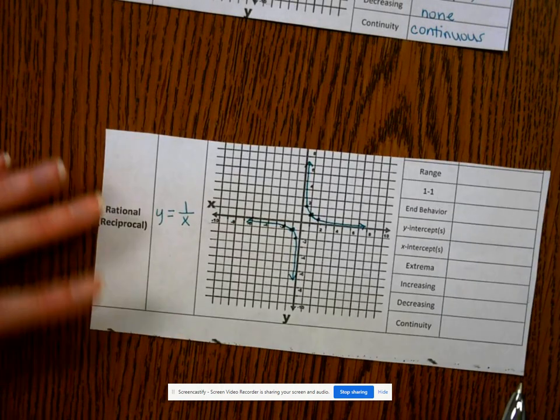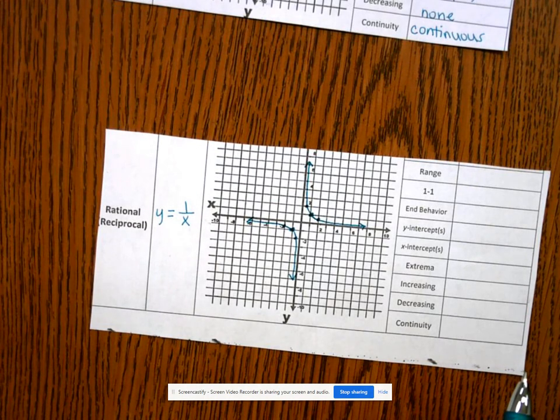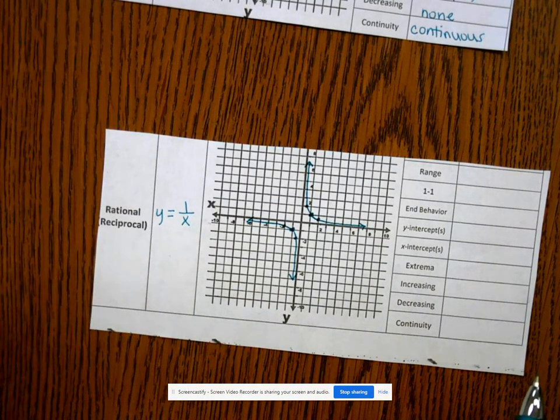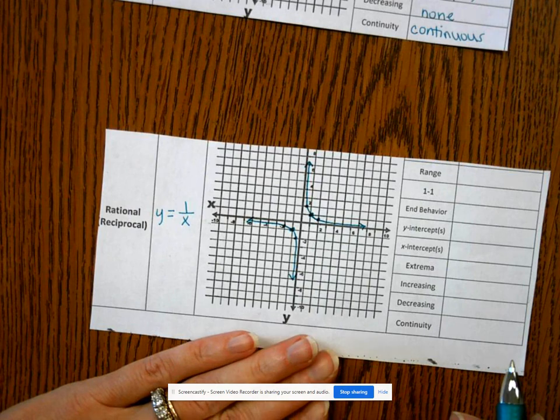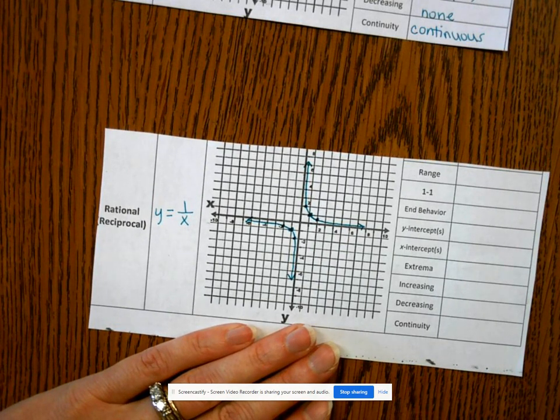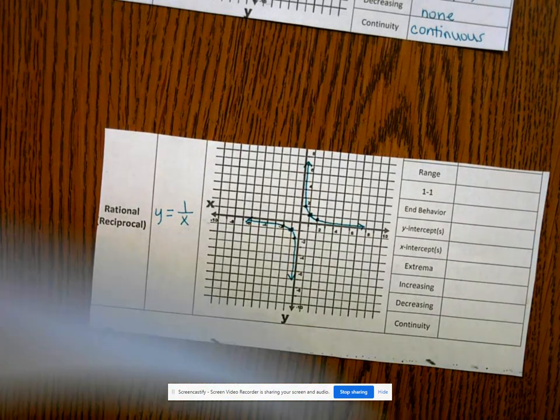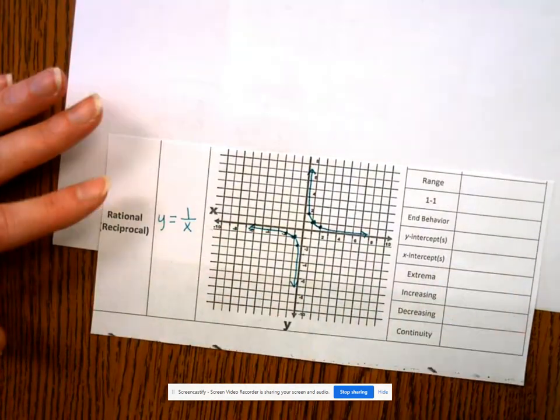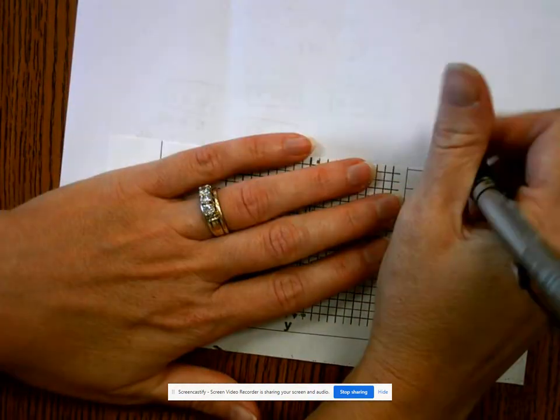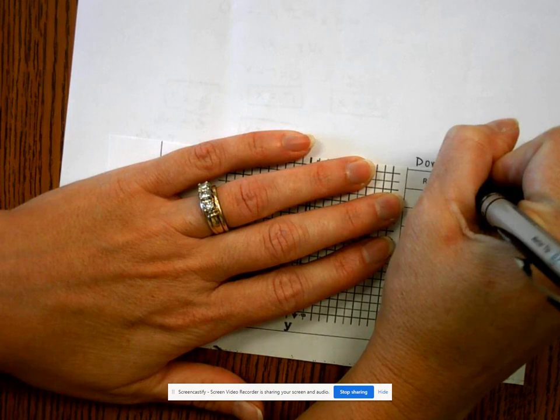All right, so apparently I cut off the domain piece for this because I tried to cut all of them out at the same time. So that's cool. So the domain is going to be, let me stick some paper under here. I'm supposed to have a domain on here.